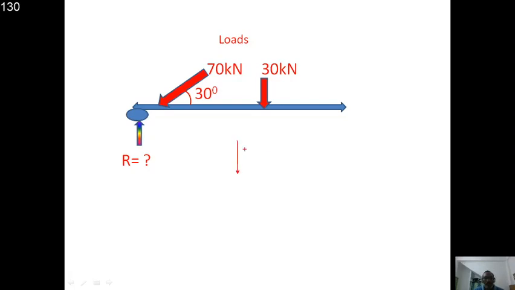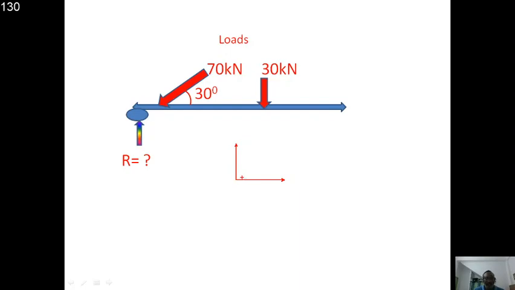So the same thing can be resolved into x direction and y direction. The action of the inclined force is resisted by our hinge support in terms of the inclination only. So this is the reaction.